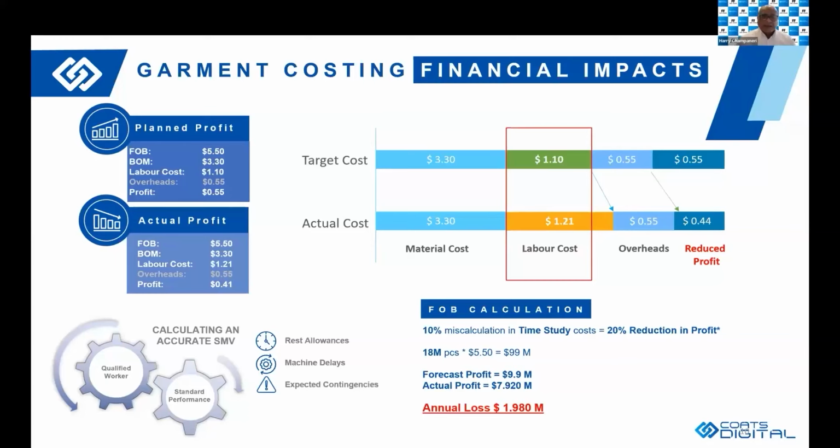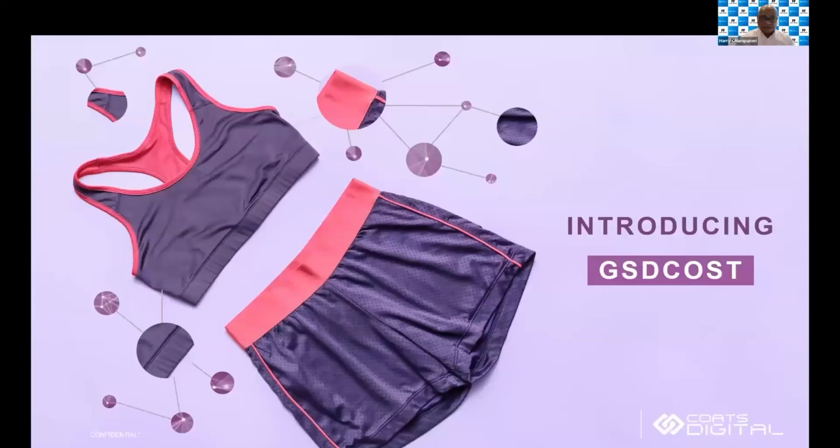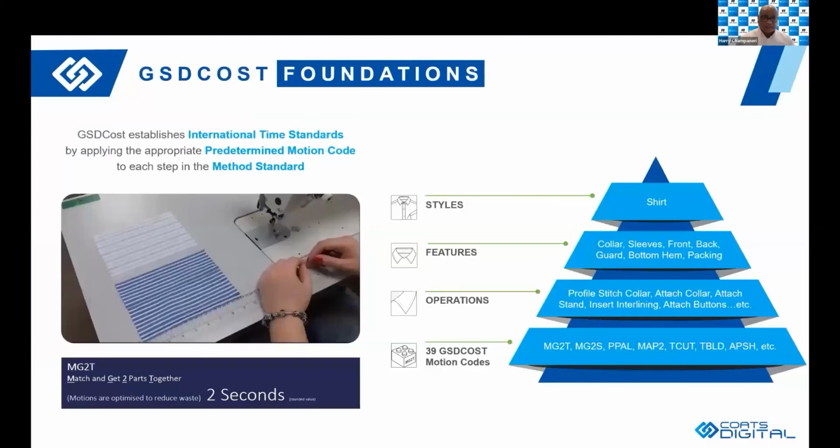And then how do we capture that and reduce that miscalculation? We use the tool called GSD. And GSD helps you, as Wes mentioned, to look at the process and evaluate non-value added motions that are happening on your production line. And then we take out those non-value added motions, remove them, and then standardize them.